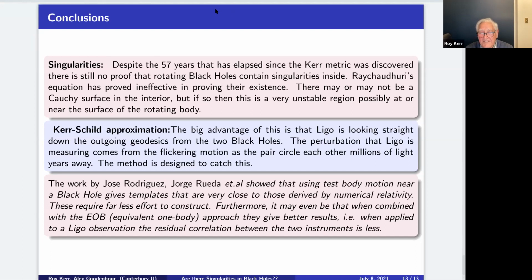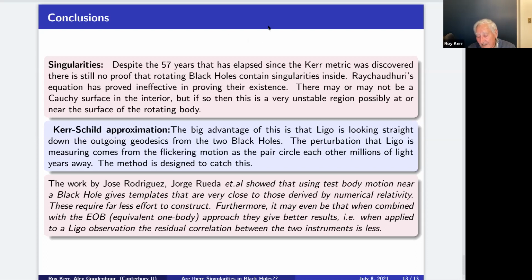Mathematics is a funny thing. You know, it gives clear-cut answers. Here we have what is more like a religion, in that people have been told for so long that there are singularities in black holes that they believe it, and nothing that people can say is going to stop their belief, because they know that somewhere there's a proof of that, only that hasn't been found, but somewhere there's a proof.